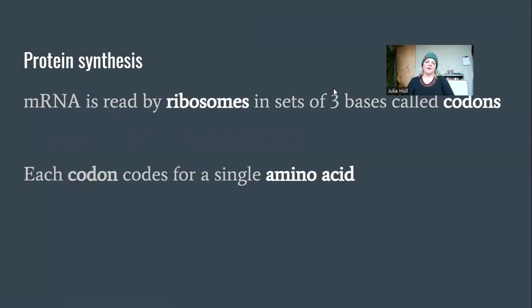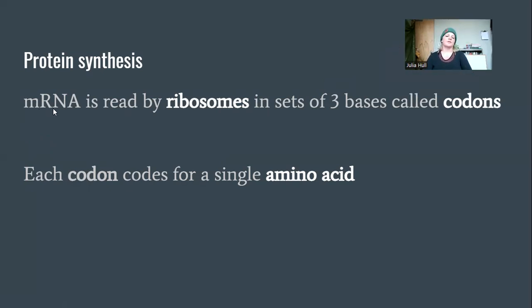Okay, so protein synthesis. Whoo, boy. Okay, so the mRNA is read by ribosomes, and those are those important organelles used in protein synthesis. And ribosomes read the mRNA in these 3 base blocks, and we call those codons. Each codon codes for a single amino acid.